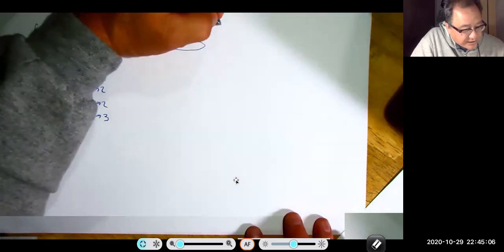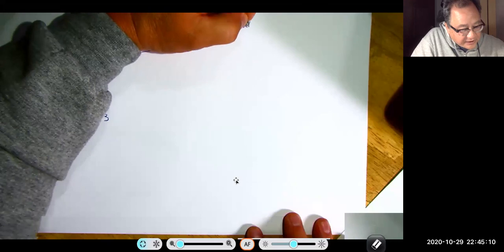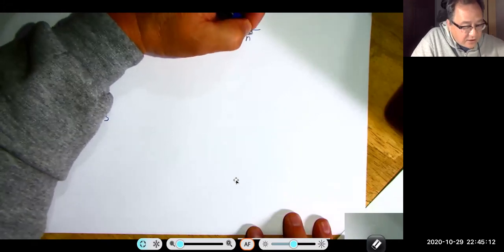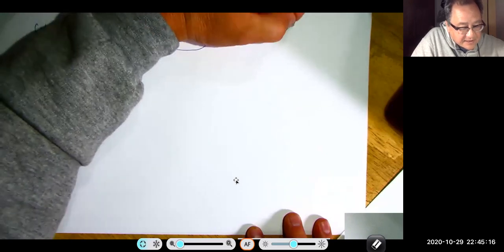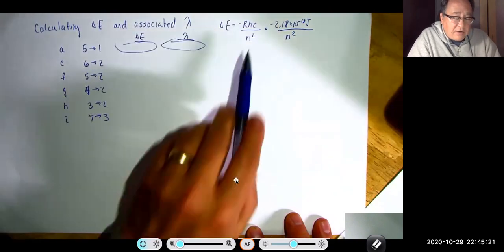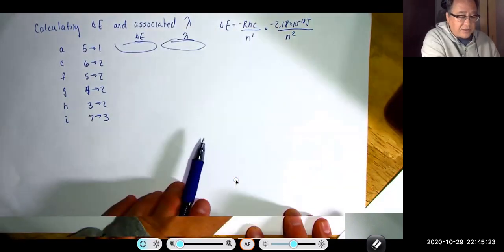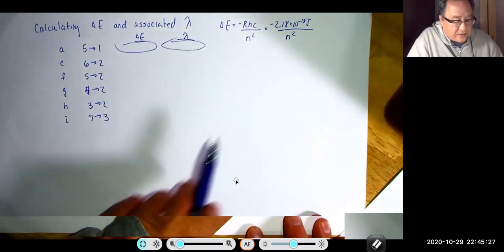Okay, so the change in energy is equal to minus RHC over n squared, which is negative 2.18 times 10 to the minus 18 joules over n squared. So R, H, and C are all constants, and when you plug the numbers in, you get 2.18 times 10 to the minus 18 joules, and then over n squared.